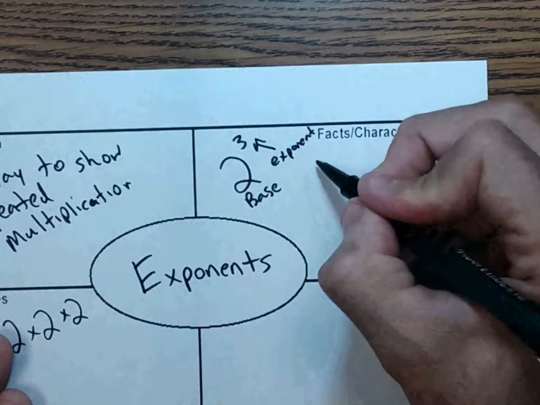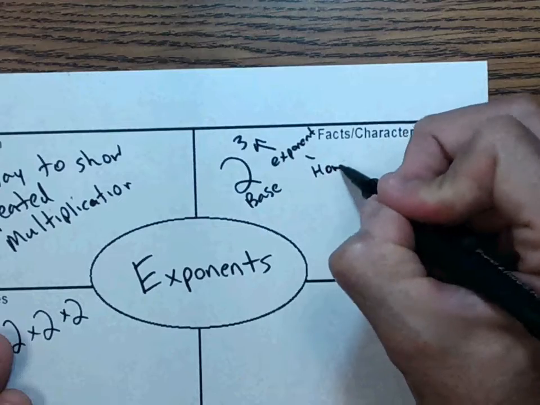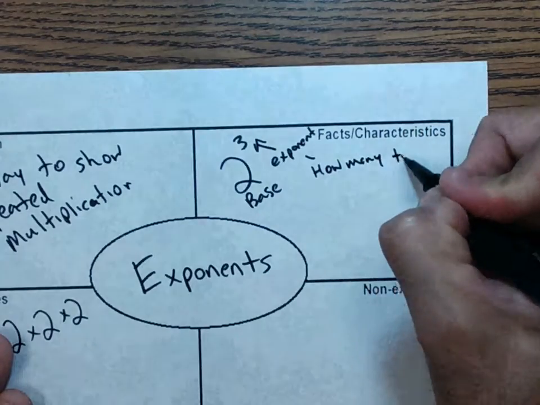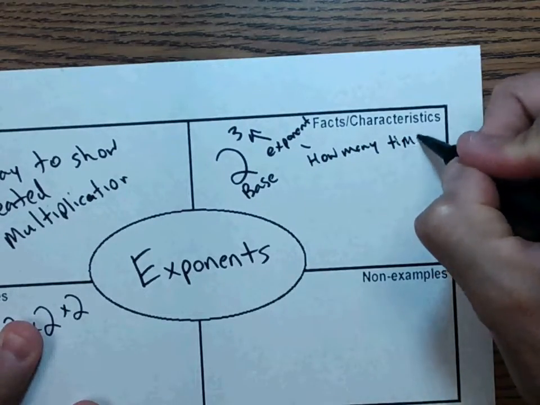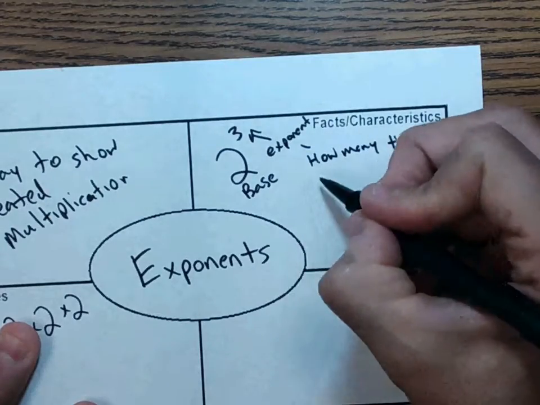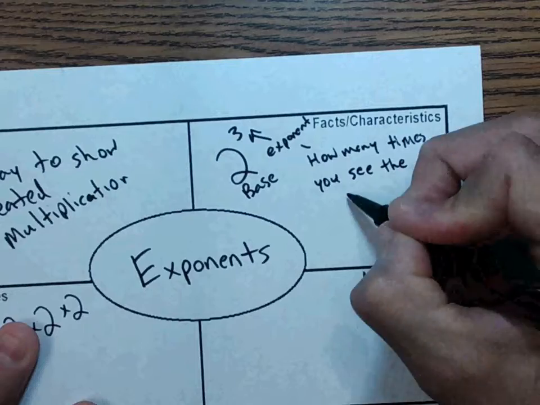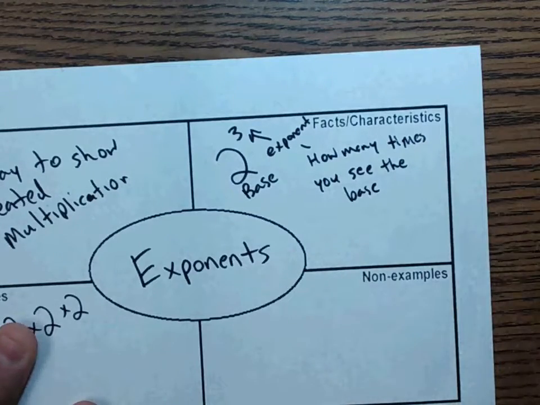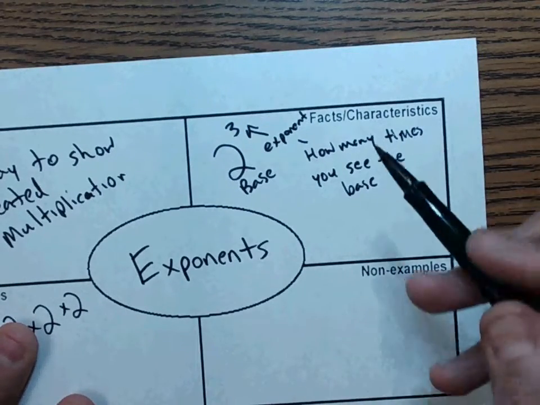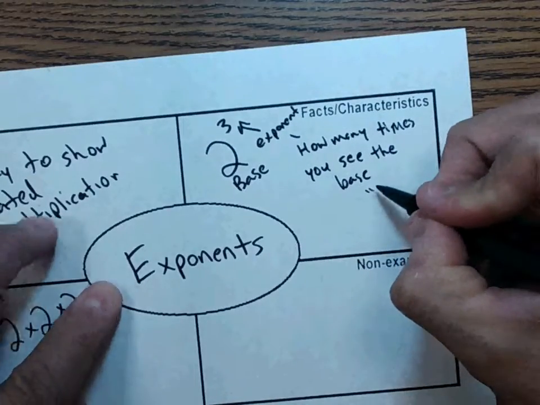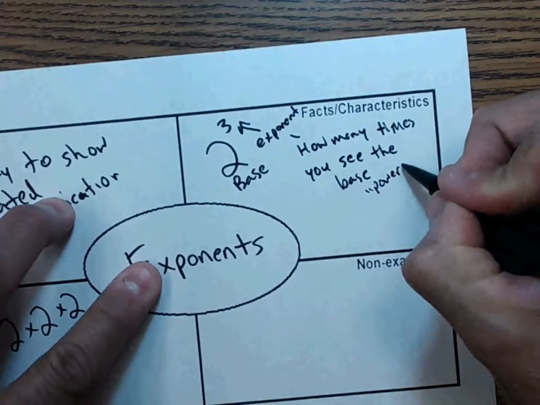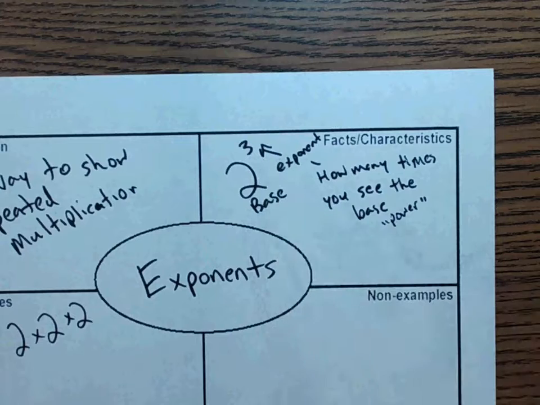This exponent tells me how many times you see the base. It's also called the power. So in this case you can say 2 to the 3rd power.